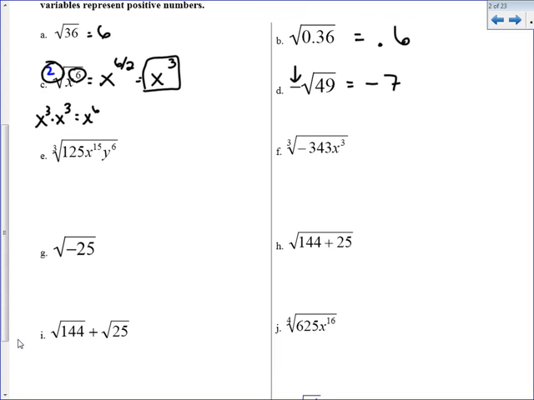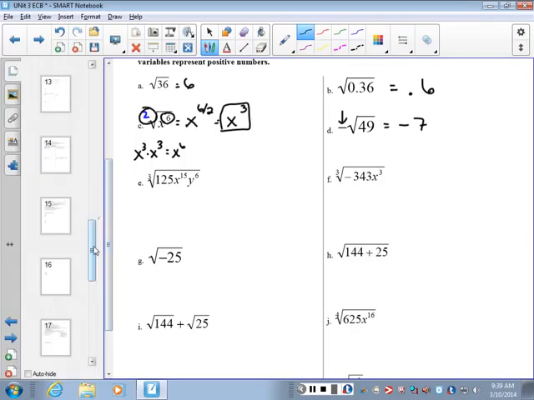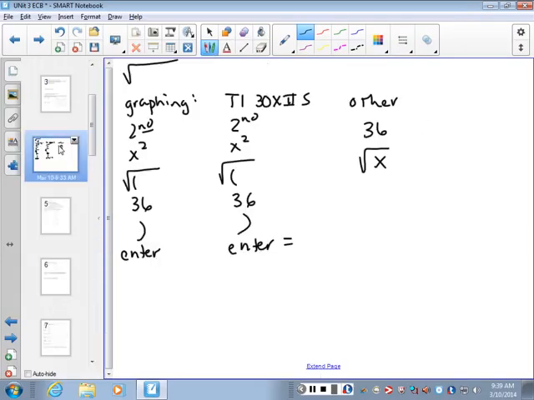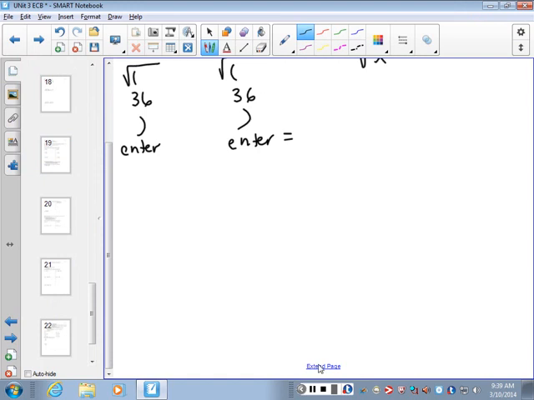And then we get into cube roots. So let's go back to the calculator list. If we're looking at a cube root now, for our graphing calculator people, this is where I was jumping the gun a little bit. If you have a graphing calculator, you're going to hit the math button on the left side, and you actually have an option for a cube root.